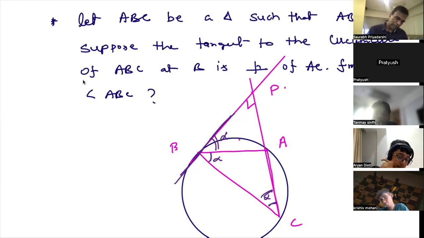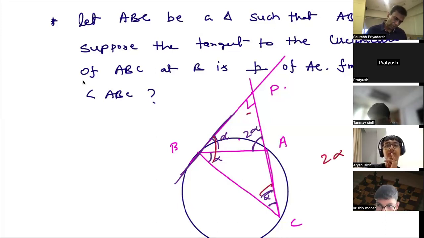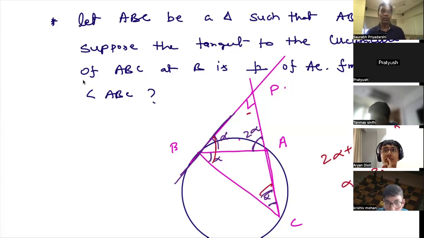And this is the exterior angle of triangle BAC, so this will be 2 alpha. We know that the sum of this plus this plus this is equal to 180, so 2 alpha plus alpha is equal to 90 degrees. So alpha is equal to 30 degrees. Is this okay? Very good, class.